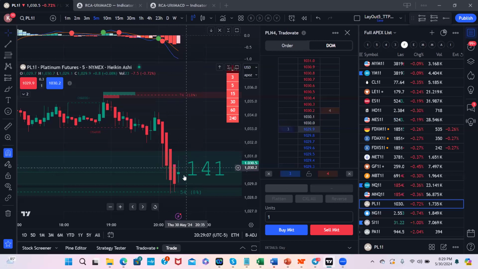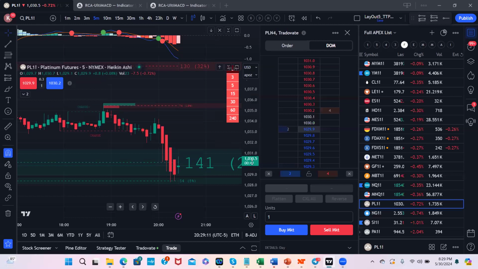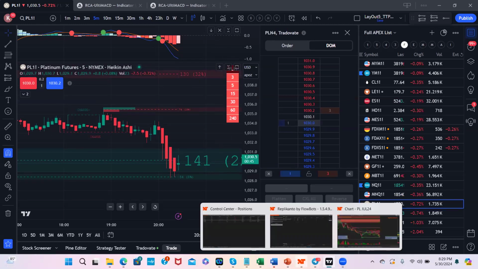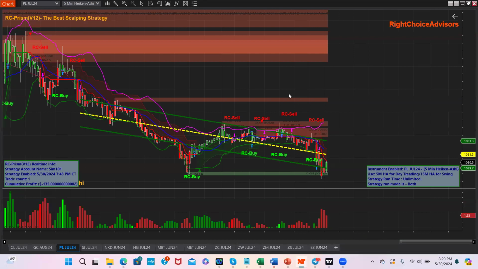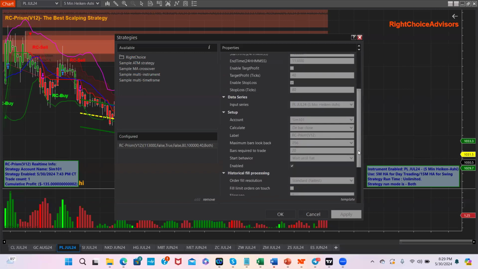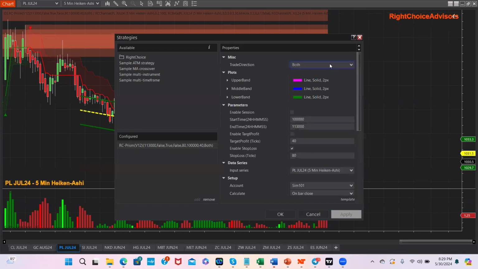Even though it is at a buy order zone, it may go up and again go down much further. So I can just enable short only. I'll go to the chart, strategies, apply, short only.